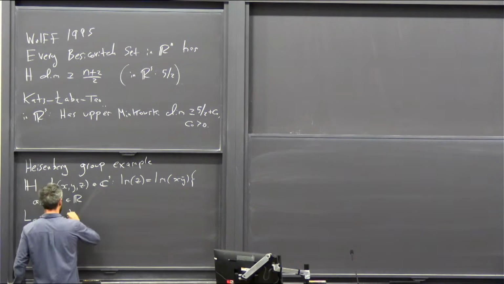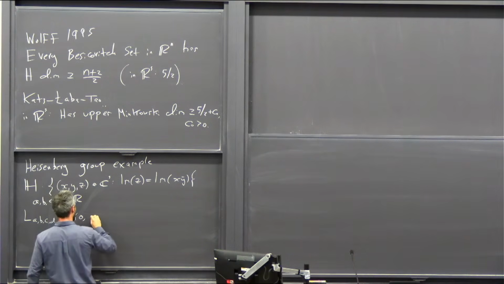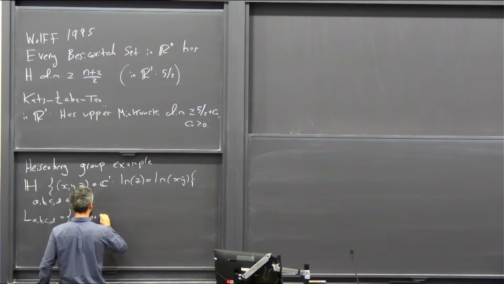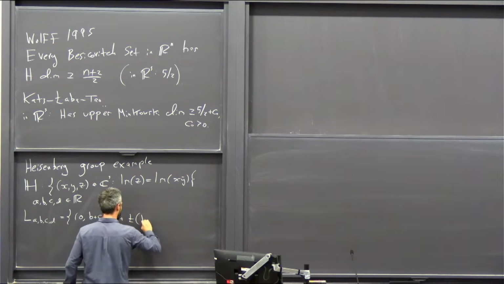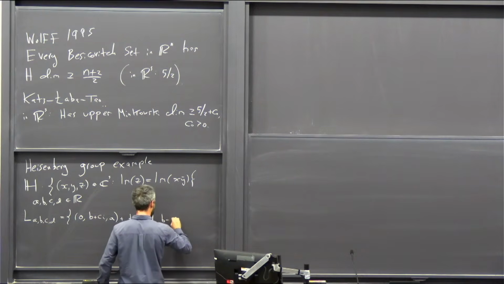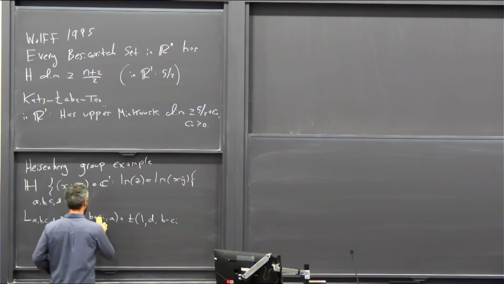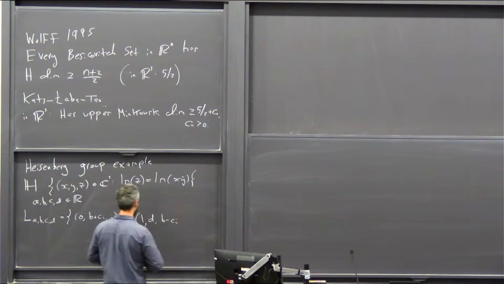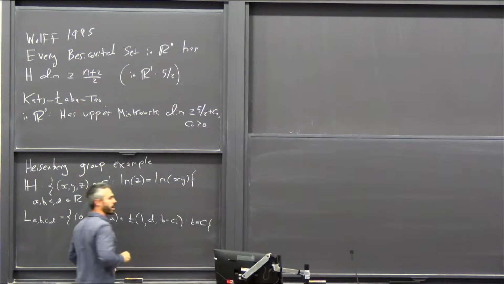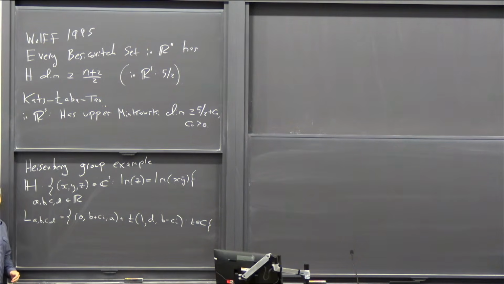So this is the set of all points of the form (0, b + ci, a), that's the point, plus t times the vector (1, d, b - ci), where t ranges over C. OK, so this is definitely a complex line. And it's not too hard to verify that for every real quadruple a, b, c, d, this complex line is contained in H.